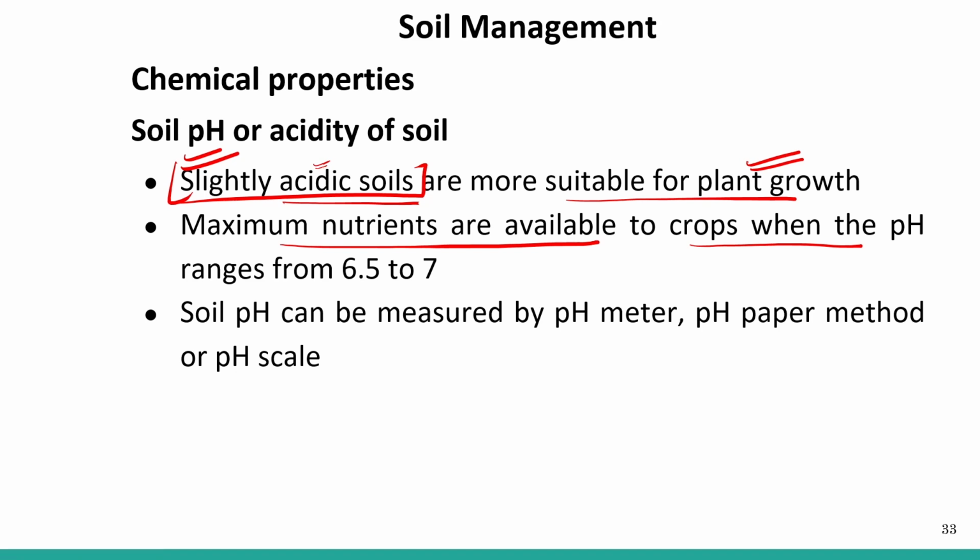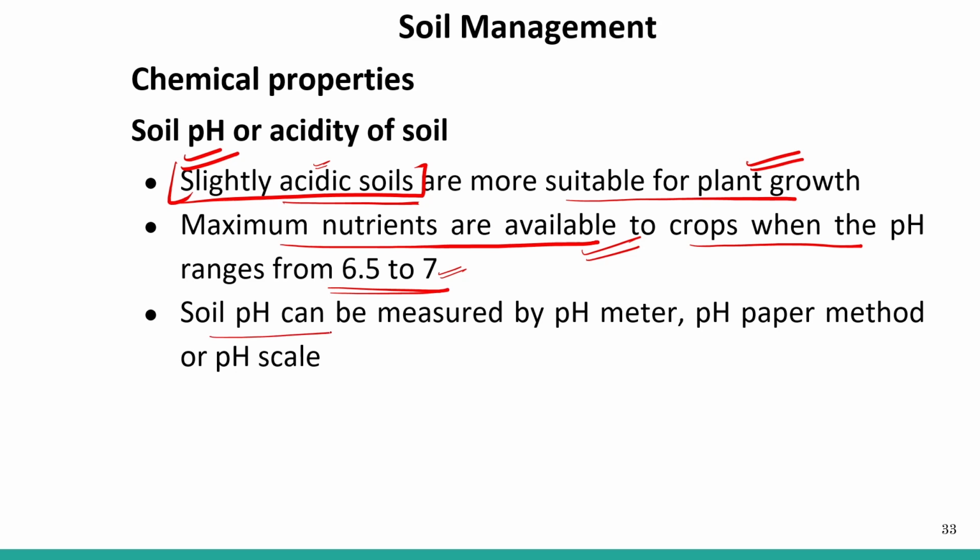So maintenance of the pH is very important, and this slightly acidic pH is around 6.5 to 7, right? The maximum nutrients are available to the crops when the pH ranges between 6.5 and 7.